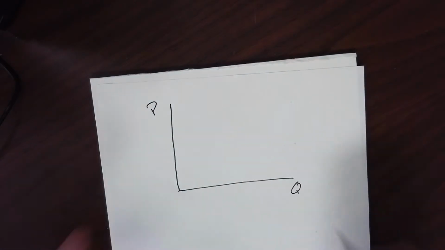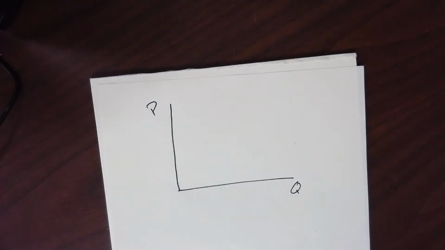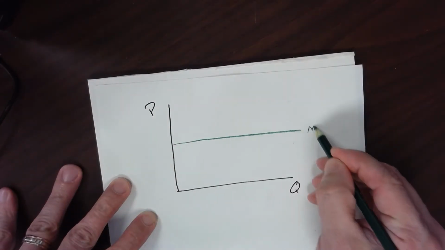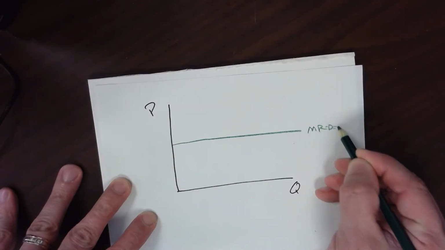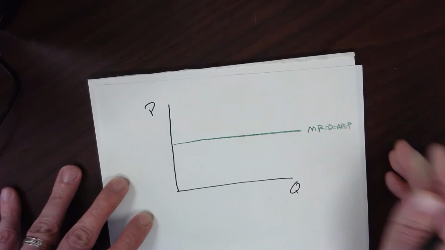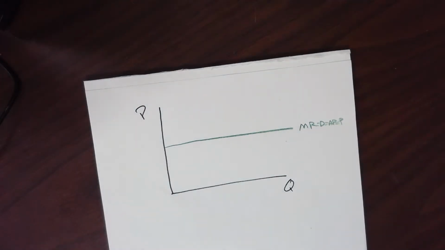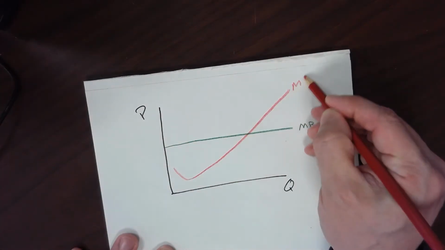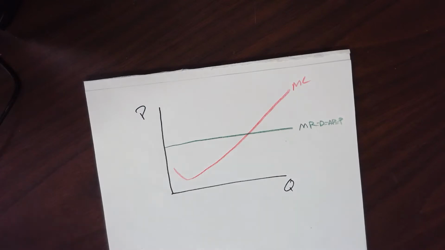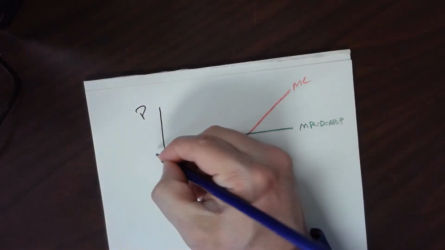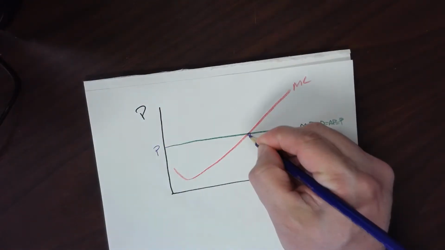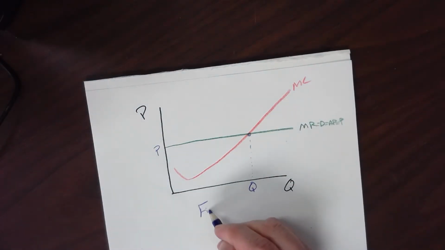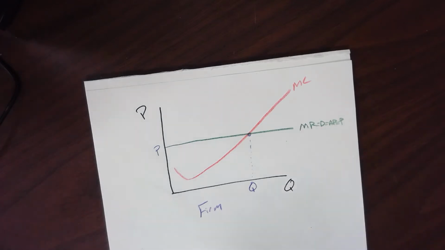So we do the same thing here all over again. We start with Mr. Darp. All right. We draw our marginal cost curve, and then we label our price quantity combination for the individual firm in whatever industry it is that we're talking about.